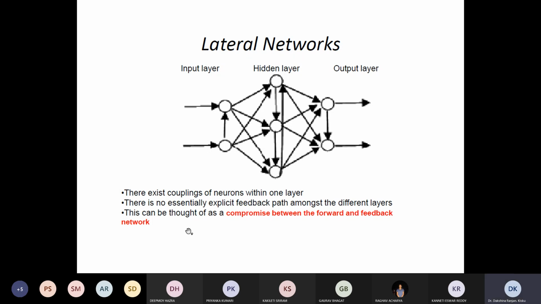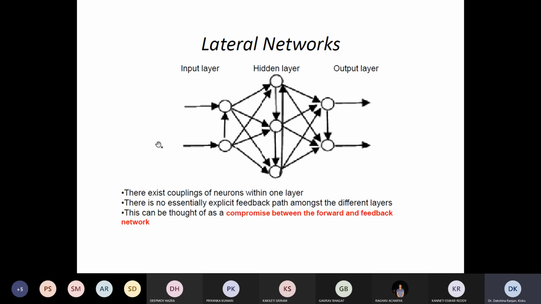Essentially there is no explicit feedback path amongst these different layers. So this can be thought of as a compromise between the forward and feedback networks. Here we achieve the lateral network, which lies between the feed forward and feedback networks.